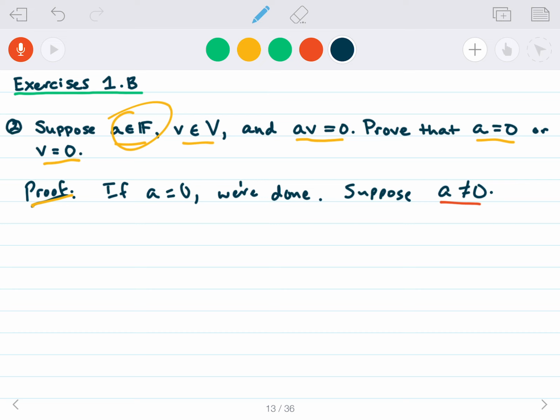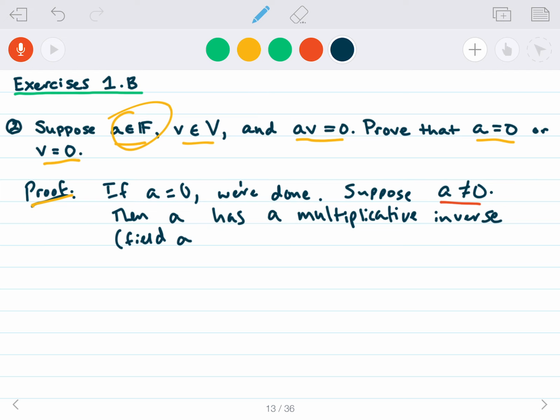So suppose A is non-zero, then A has a multiplicative inverse by the field axioms. That's how we know that. And we'll call it A to the negative 1.